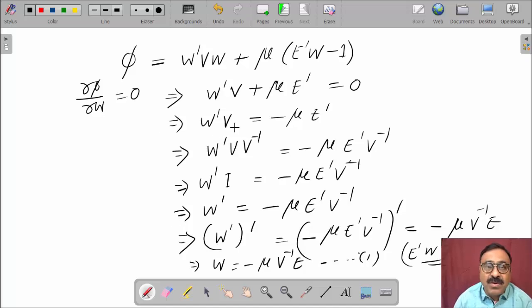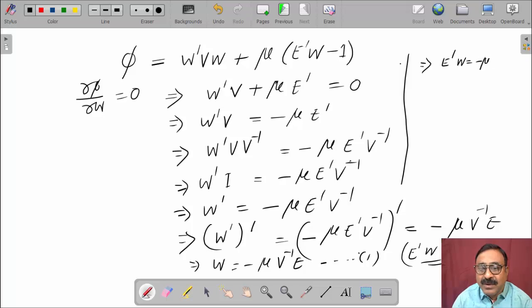So now from this we get E dash W. Pre-multiplying by E dash, we get E dash W equal to minus mu E dash V inverse E, and E dash W equals 1.